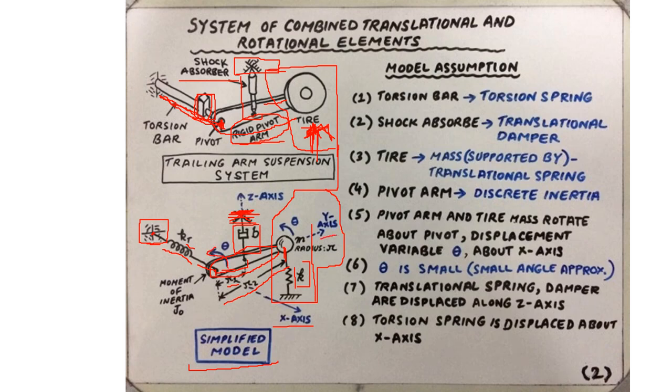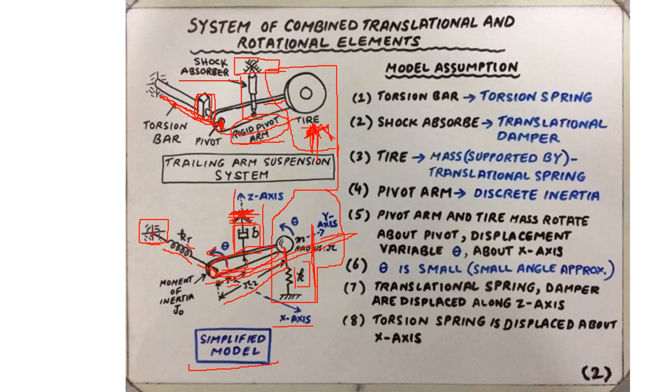There is a y-axis, that is the axis along the length of the rigid pivot arm, and the z-axis, where we have the motion of the damper as well as the motion of the mass spring system.